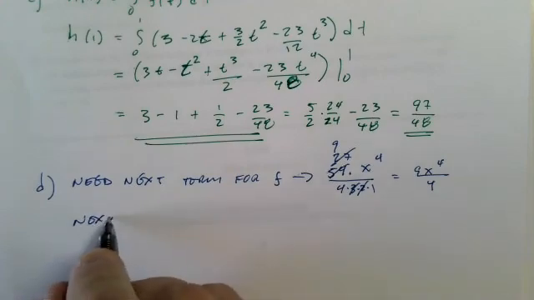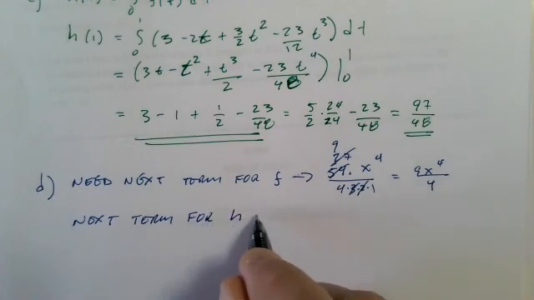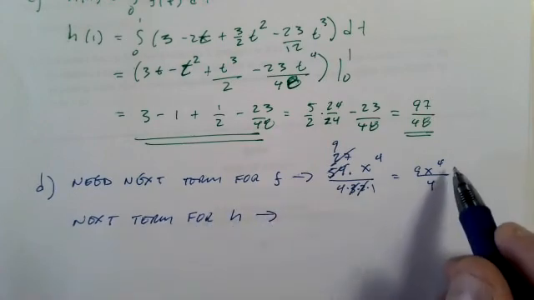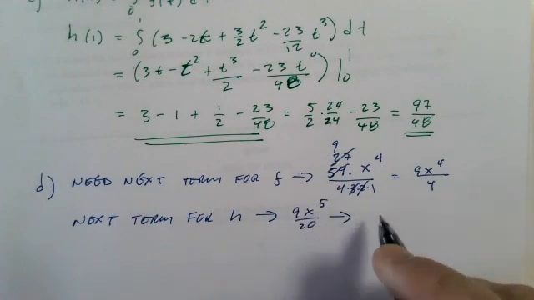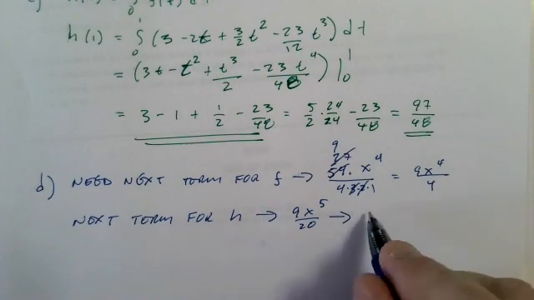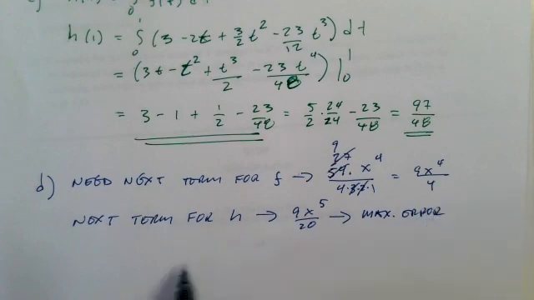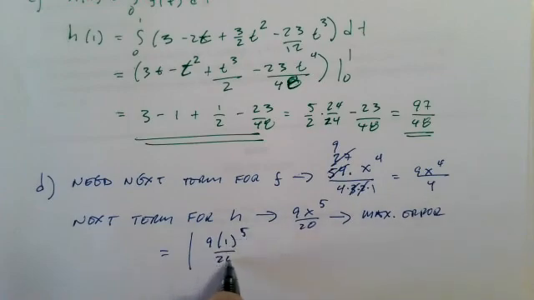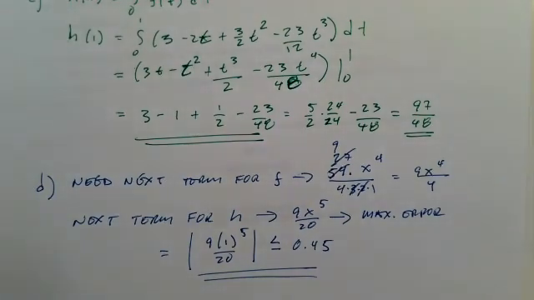Next term for h would be 9x to the fifth over 20. And then we would say the maximum error equals the absolute value of 9 times 1 to the fifth over 20, which is less than or equal to 0.45. Tricky stuff. Good luck.